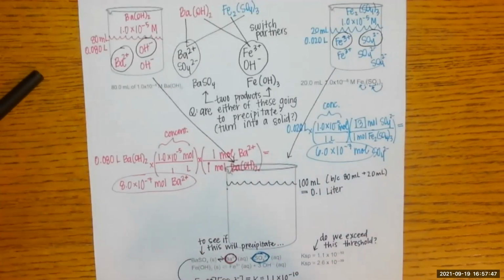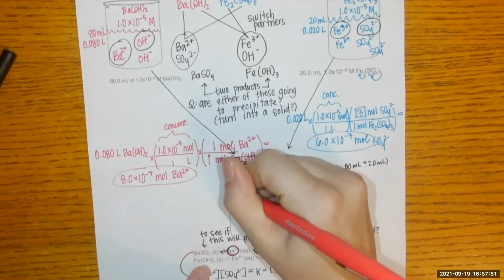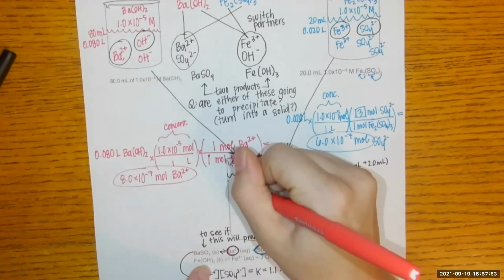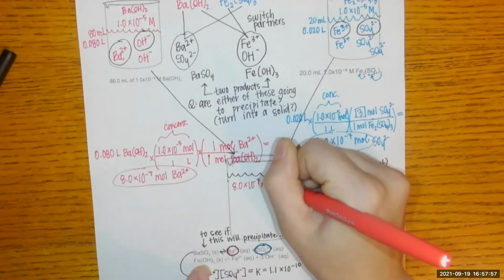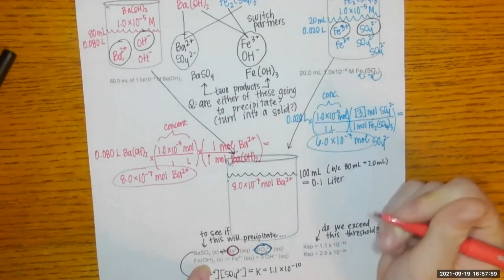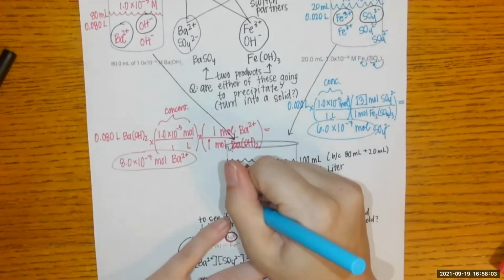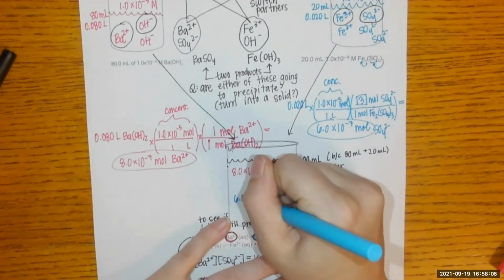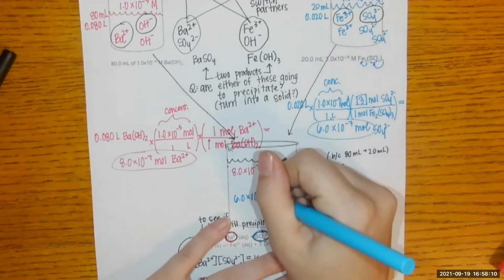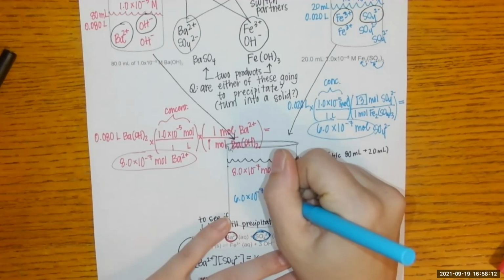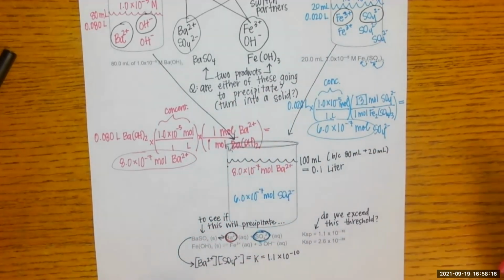I'm going to write it. In this beaker, I have mixed 8.0 times 10 to the negative 7th moles of barium. I also have mixed in 6.0 times 10 to the negative 7th moles of SO4 2 minus.